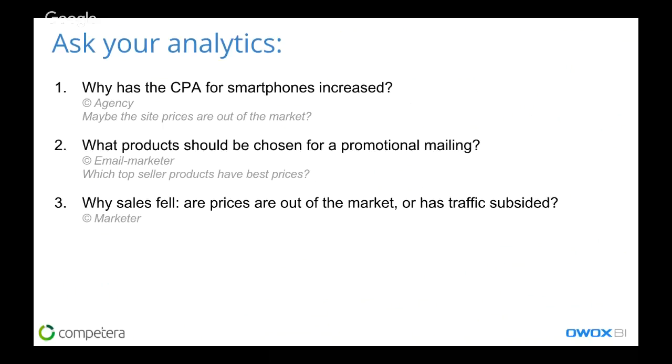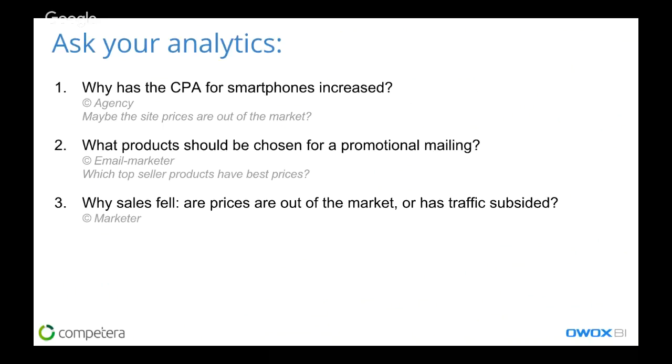The marketer could ask the question, why did our sales fall, or vice versa, why did sales increase? One of the reasons could be, again, that we set wrongly high prices, or instead we could get much more in revenue by selling products that have much lower prices than the market, but we will not earn anything on this.